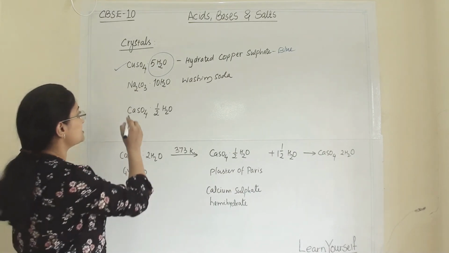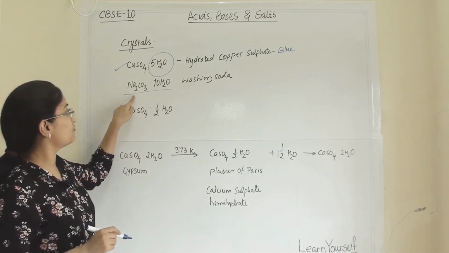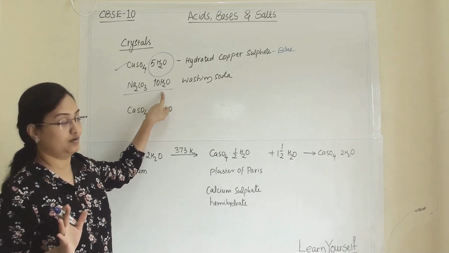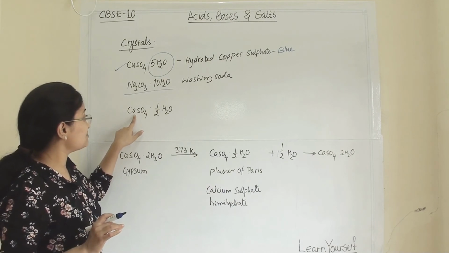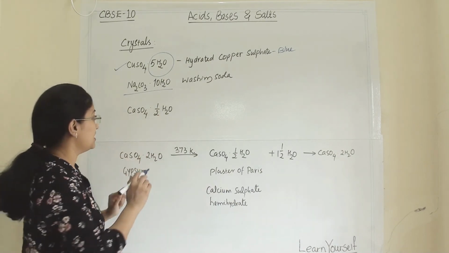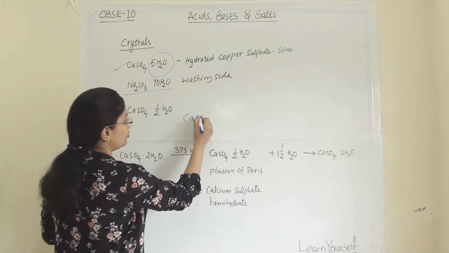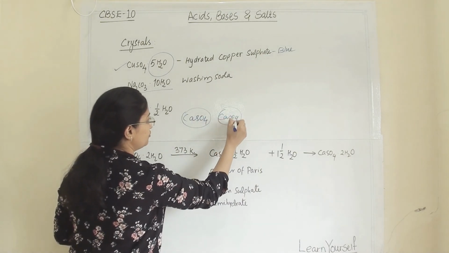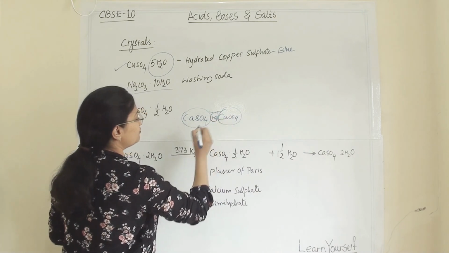Another substance is our washing soda, in which one molecule of sodium carbonate is attached with 10 molecules of water. Another substance is calcium sulfate with half a molecule of water. Here one CaSO4 molecule and another CaSO4 molecule share one molecule of water.